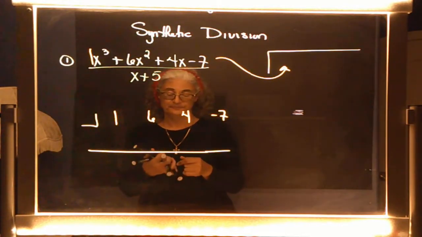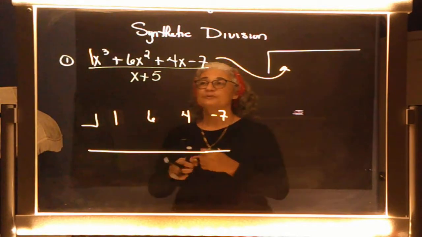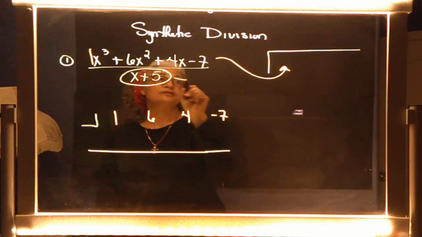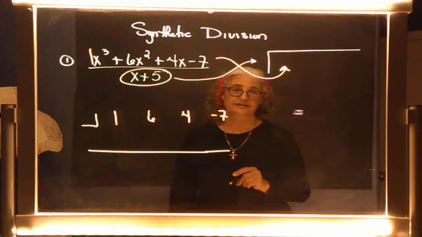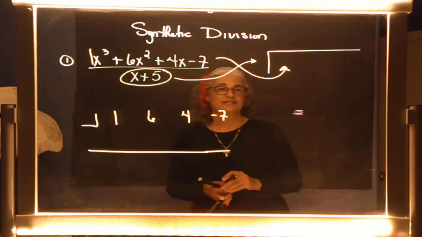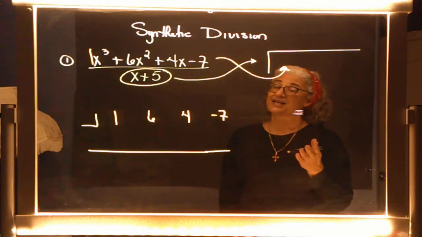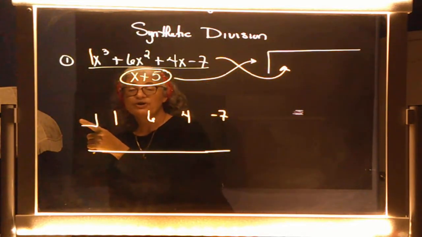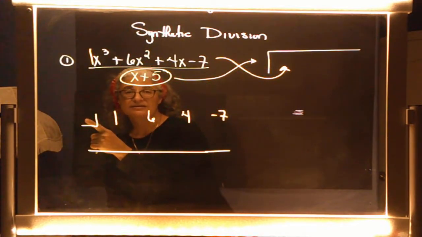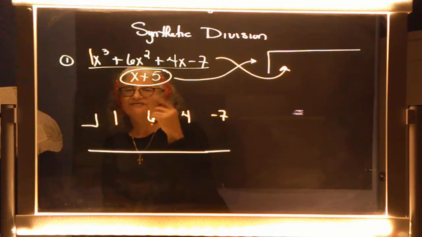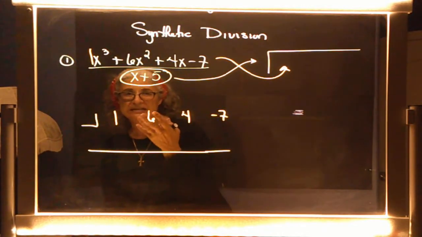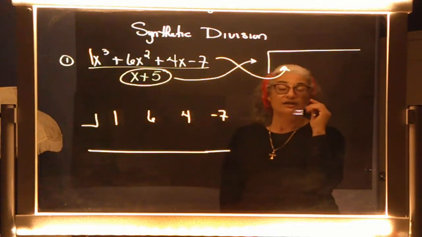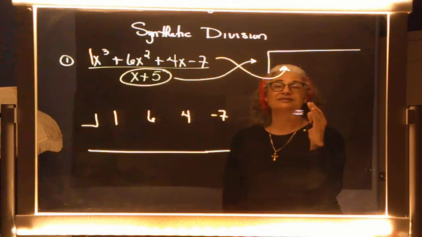Now, this x plus 5 is what goes on the outside, doesn't it? Now here's the deal. The x plus 5 can't go on the outside here because I can't have the x's. And you can't put a 1 and a 5. That looks really weird. It makes 6. So, the synthetic division process is this.